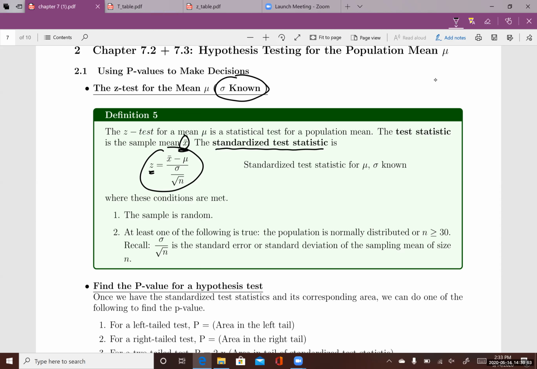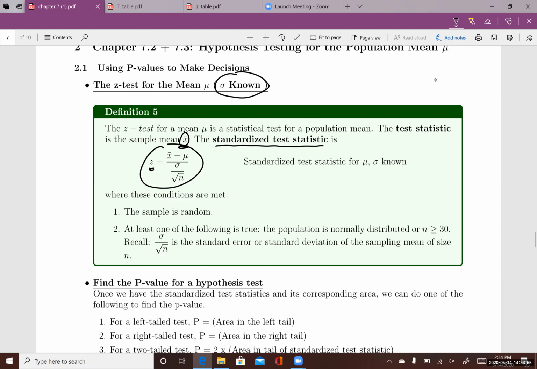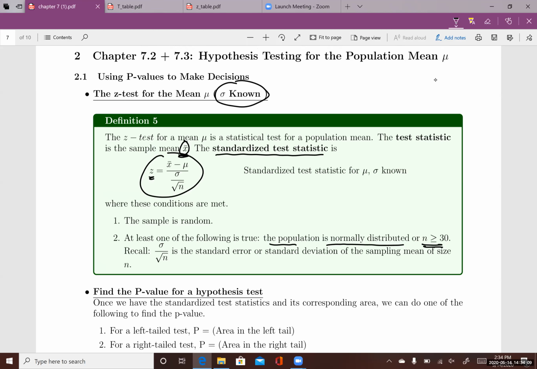The second condition is at least one of the following is true: either the population is normally distributed or the sample size has to be at least 30. So again, you use z-test to test the population mean when sigma is known.